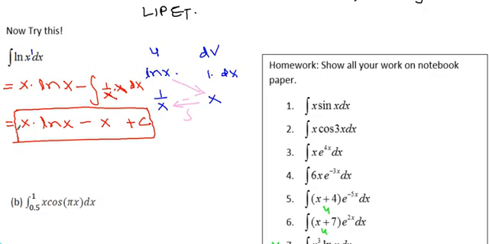Yes, it shows up sometimes in the AP exam. You don't have to memorize this, but use integration by parts to get the answer. You might want to write it down if you want to memorize it, or you can use integration by parts. Very good example.